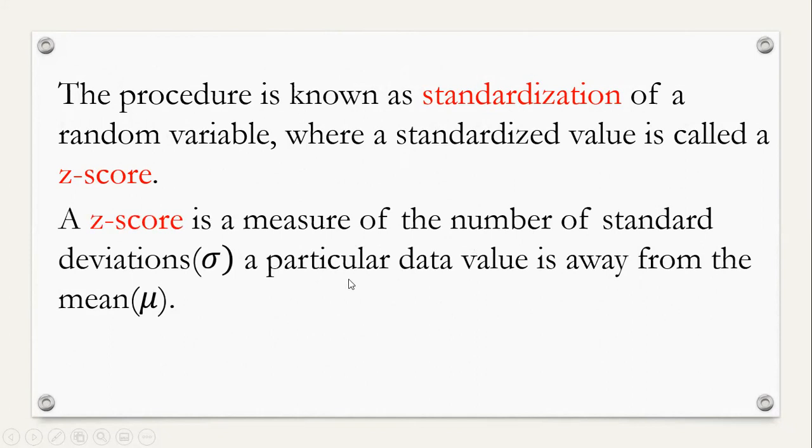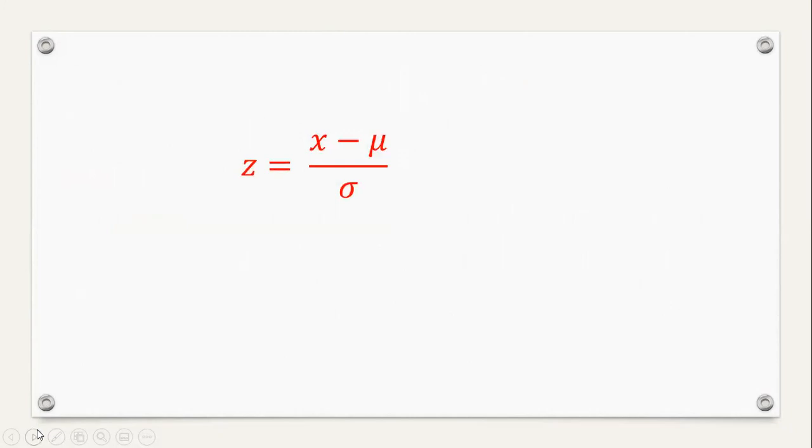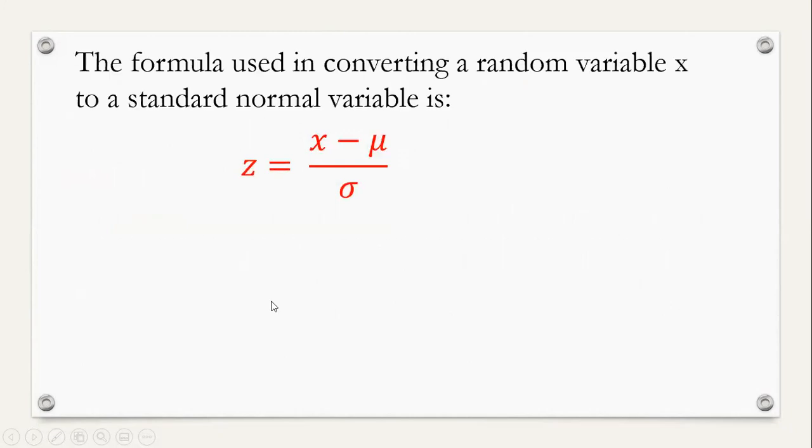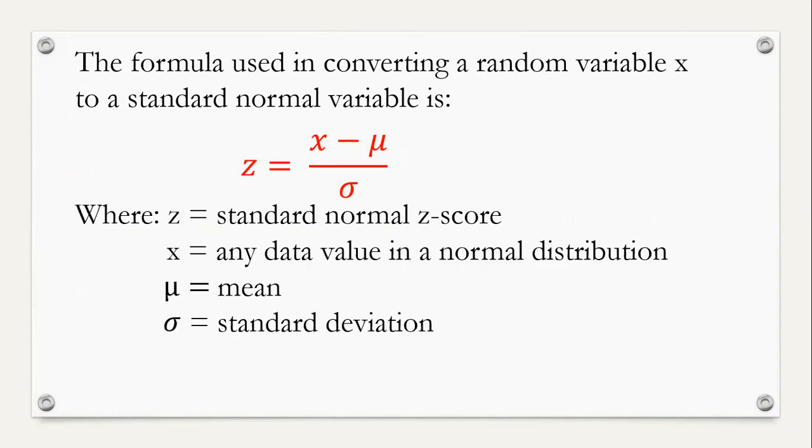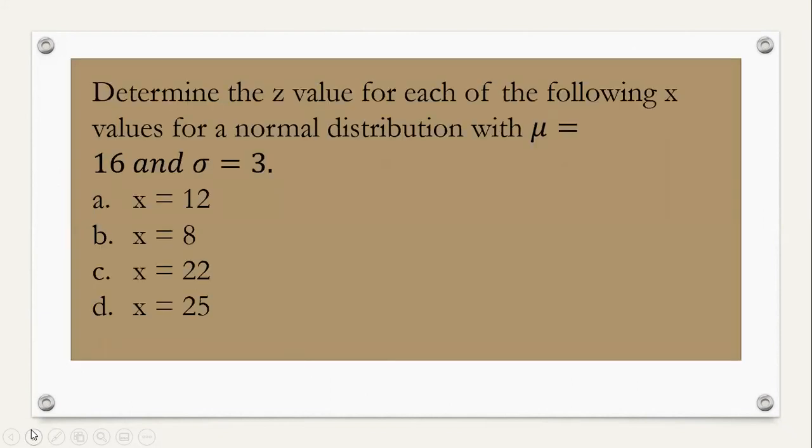A z-score is how far a measured value is from the mean, the spread. And this is basically our formula to convert a random variable x to a standard normal variable z, where z is equal to x minus mu divided by the standard deviation. So you know all those symbols.